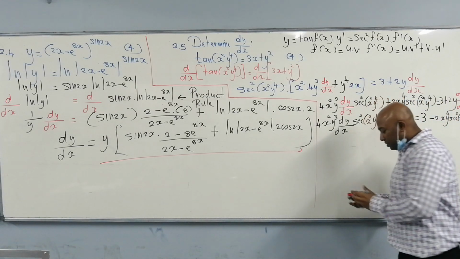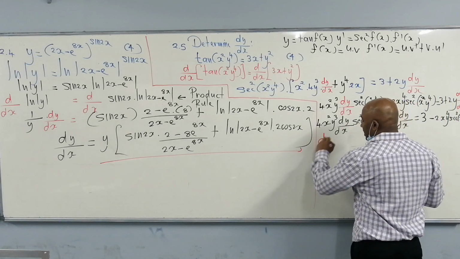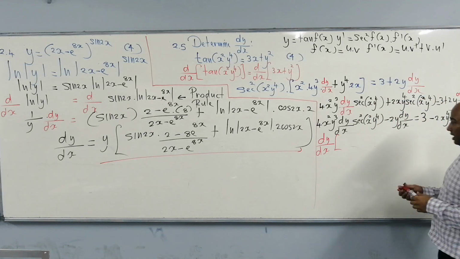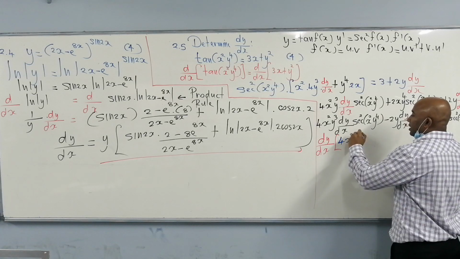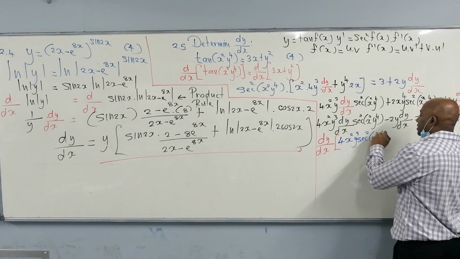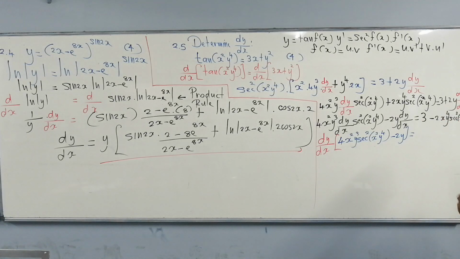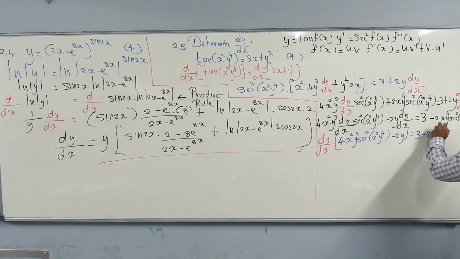So now what will I do? The whole idea was to take out a common factor of dy over dx. So if I take out dy over dx as a common factor, what am I left with now? Here I've got 4x squared y cubed times sec squared of x squared y to the power 4 minus 2y. On the right hand side, I just have 3 minus 2x y to the power 4 sec squared of x squared y to the power 4.